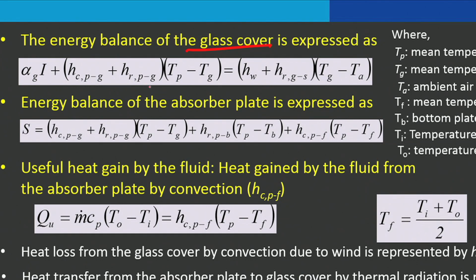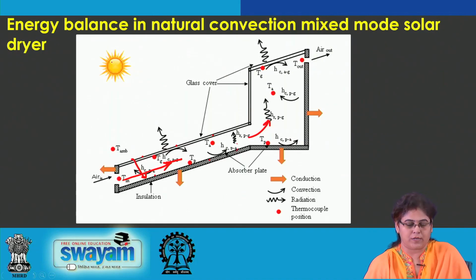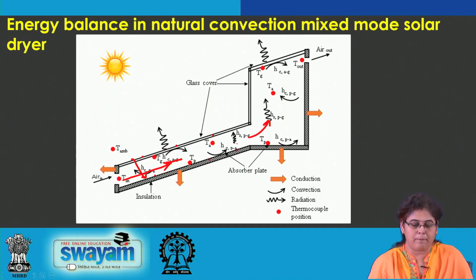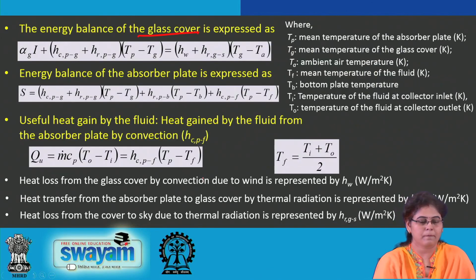HCPG is the convective heat transfer from the plate to the glass cover, because the absorber plate also has some heat losses to the top cover. So, that is designated as HCPG, the convective heat transfer coefficient from the absorber plate to the glass cover.